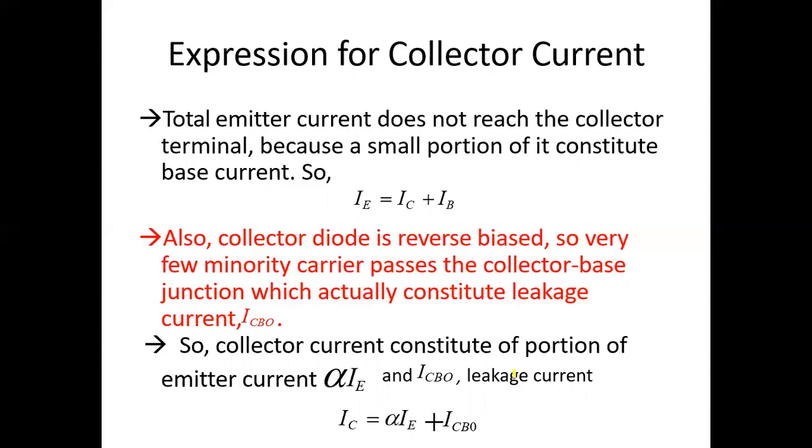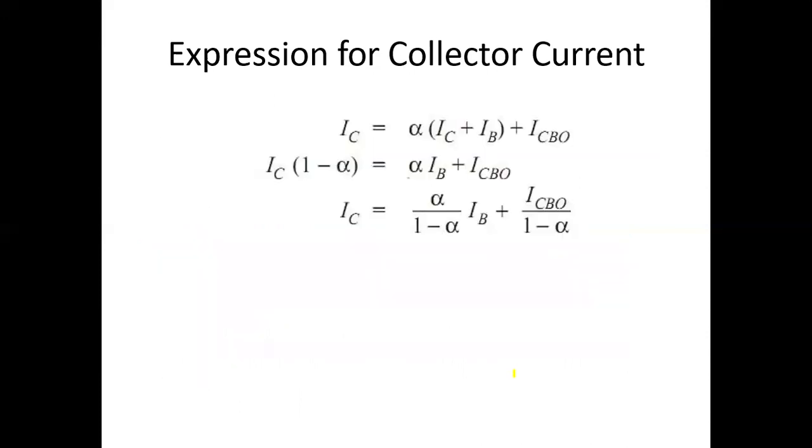If the collector current constitutes a portion of the emitter current, that is alpha IE, plus ICBO, the leakage current, then the collector current is written as alpha IE plus ICBO. Putting the value of IE, that is IC plus IB, and after calculating, we can write the equation for collector current: IC equals alpha divided by 1 minus alpha into IB, plus ICBO divided by 1 minus alpha.